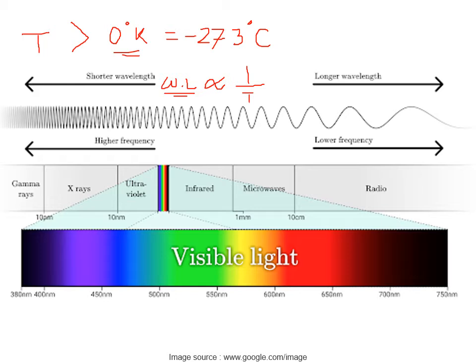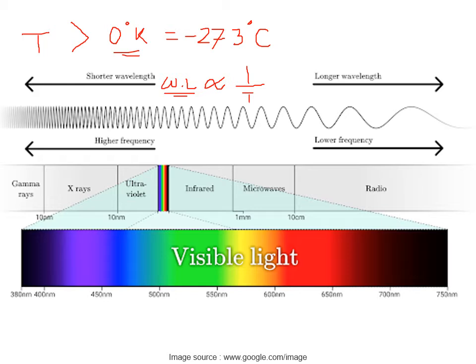In general, hotter bodies will emit lower wavelength energies, and cooler bodies will emit higher wavelength energies. Now, the range of different wavelengths involved in the transfer of radiation energy is known as the electromagnetic spectrum.